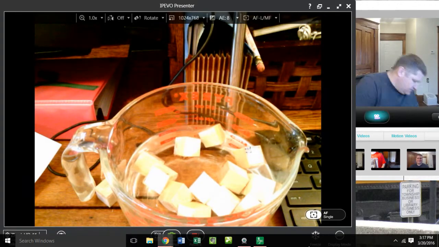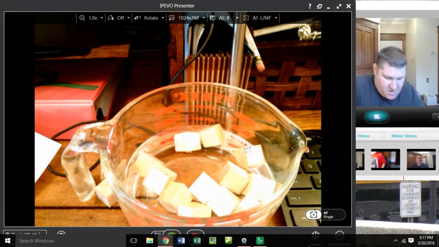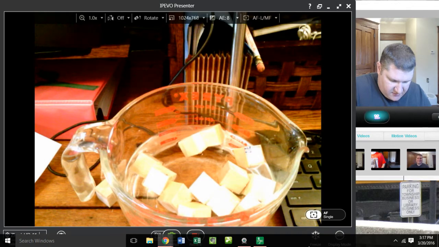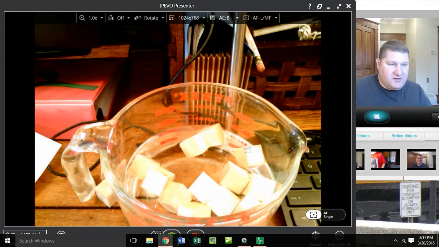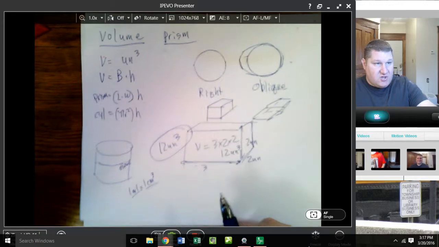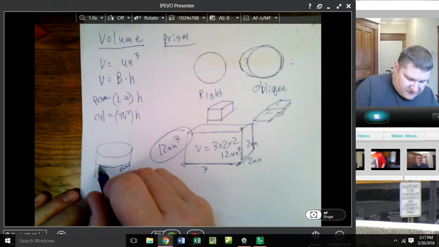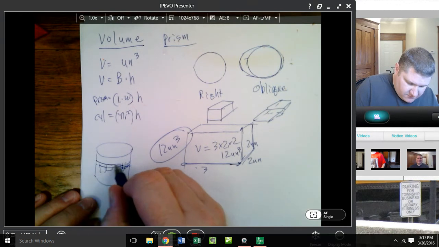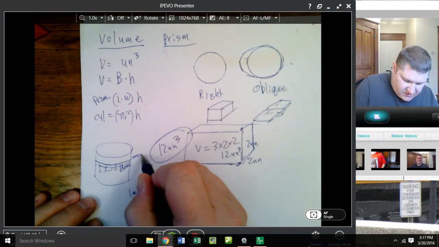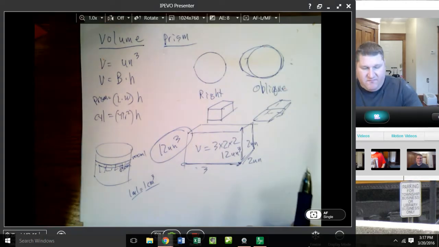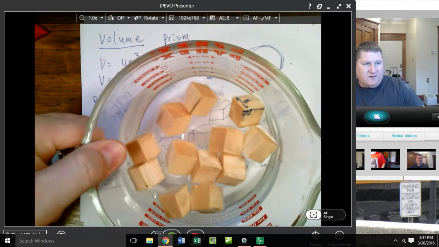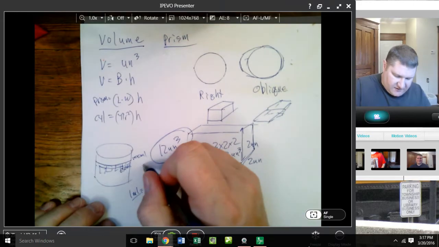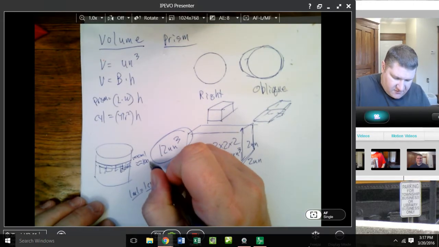Now, I won't bore you with the details, but 1 milliliter equals 1 cubic centimeter. So 1 centimeter by 1 centimeter by 1 centimeter would be 1 milliliter. So what happened was when I put my blocks in, the water went up to 700 milliliters. So I can say that the volume of these 12 blocks is approximately 100 milliliters.